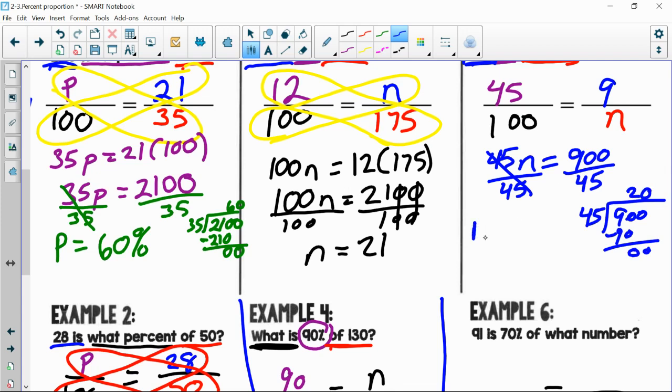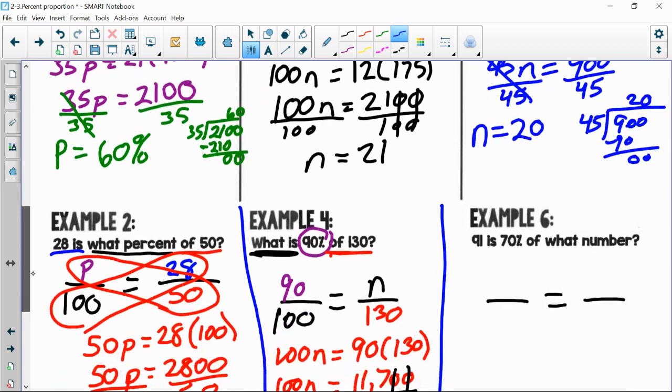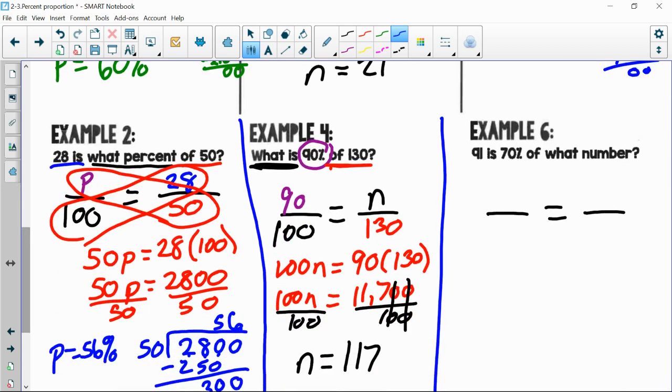So that means n equals 20. Okay, so that means 9 is 45% of 20. Which means that makes sense because 9 is almost half of 20. And we were almost looking for 50%. Remember, those estimations will help you out.